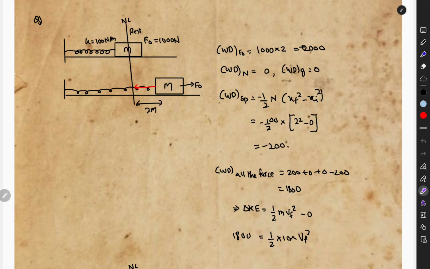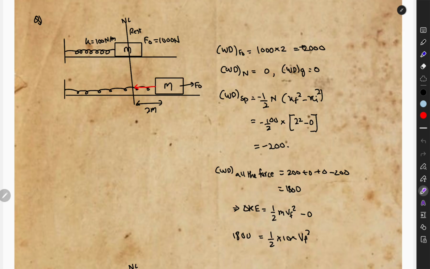I mentioned a wrong sentence. If the object is at the natural length itself, then there is no elongation and no compression. So x initial is 0 and x final is 2 meters from the natural length, which we will take as 2 itself. Then apply the formula and we will get minus 200.